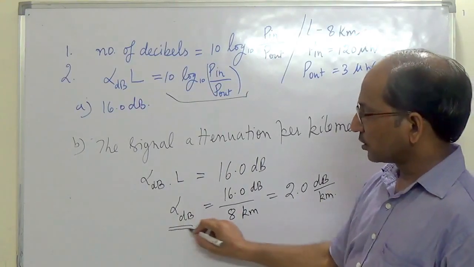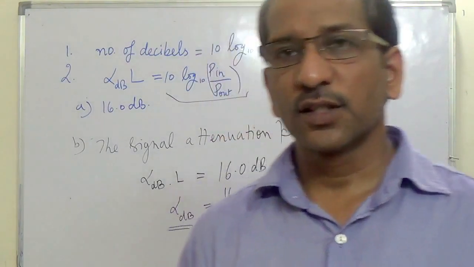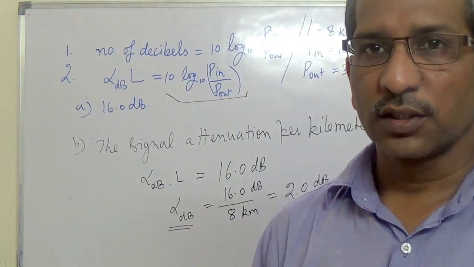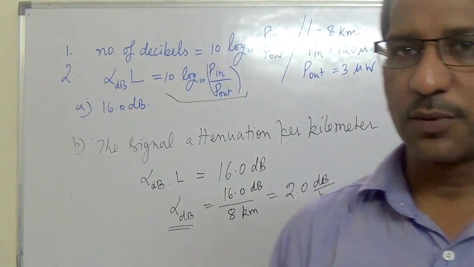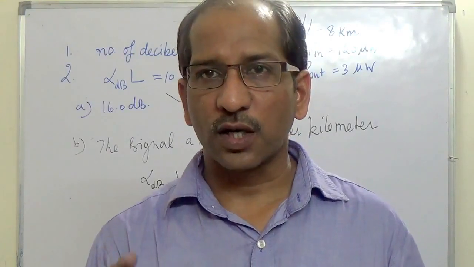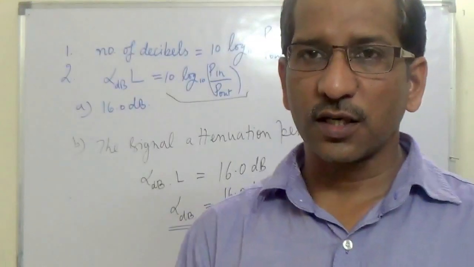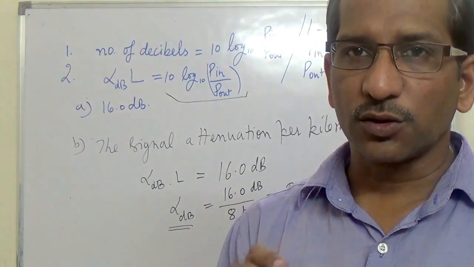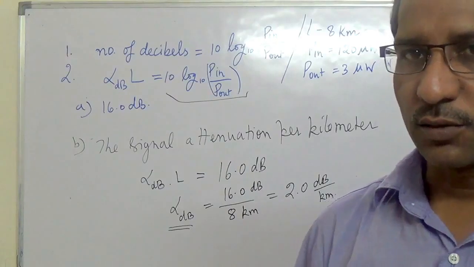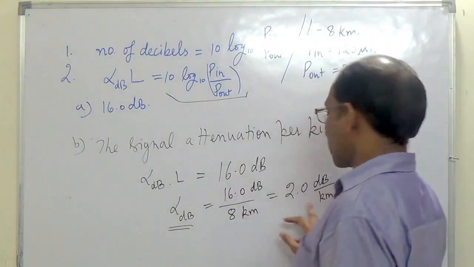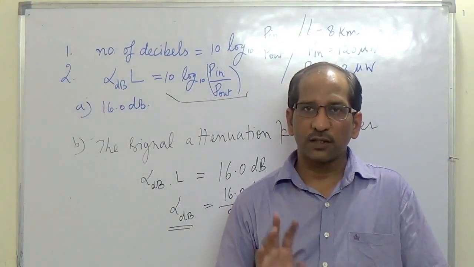So now the attenuation, signal loss for this optical fiber of the length 8 km, we have found that the loss is 2 decibels per kilometer. Right, in the first part we have just calculated overall loss into the optical fiber, and in the second part of the numerical problem, the question was to find out the loss per kilometer. Now the answer is 2 decibel per kilometer. So we have calculated two parts.